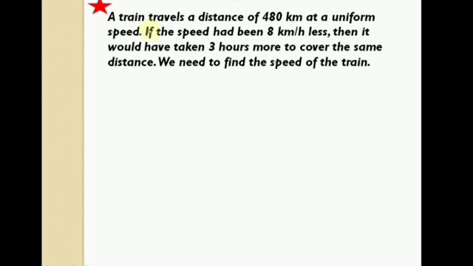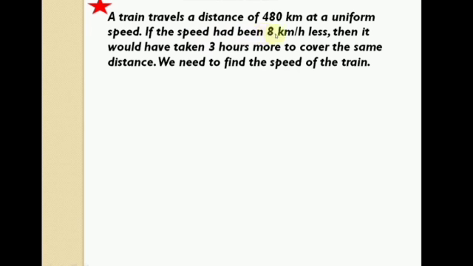Another situation is: a train travels a distance of 480 km at a uniform speed. If the speed had been 8 km per hour less, then it would have taken 3 hours more to cover the same distance. We need to find the speed of the train. Once again read the question. Total distance is 480 km.